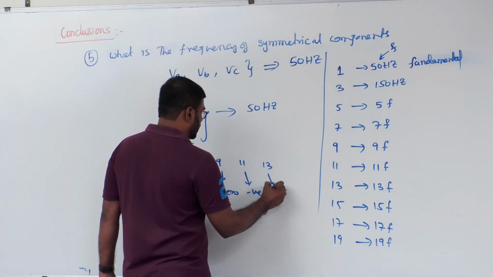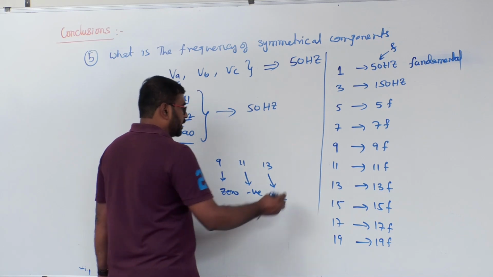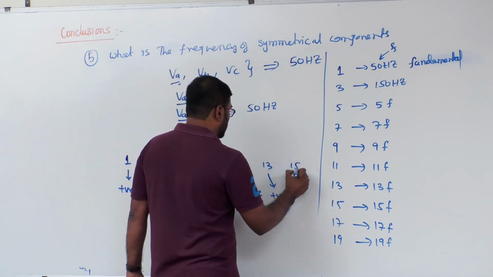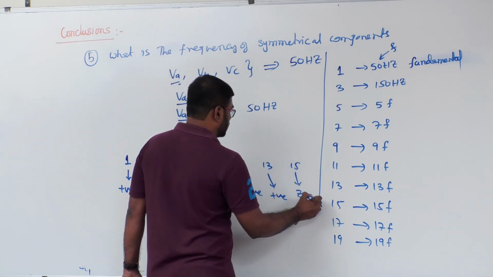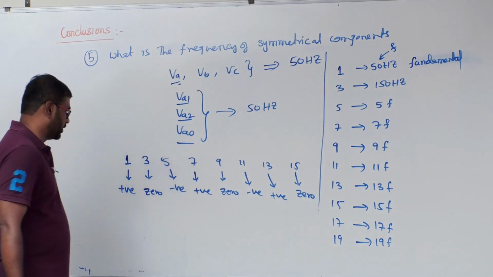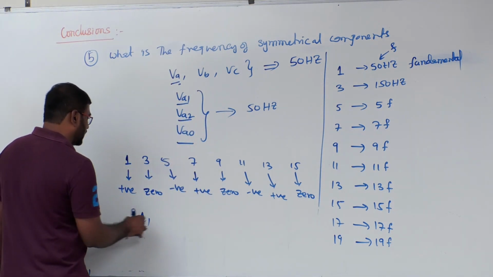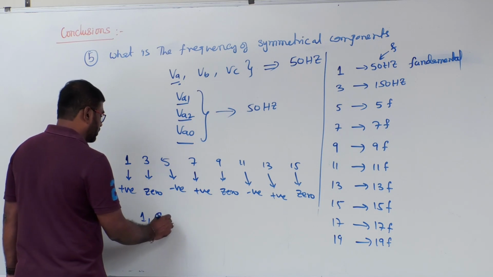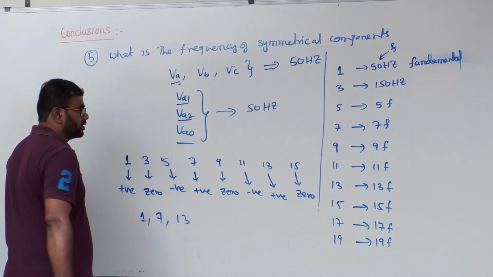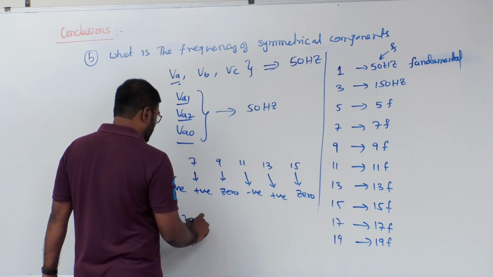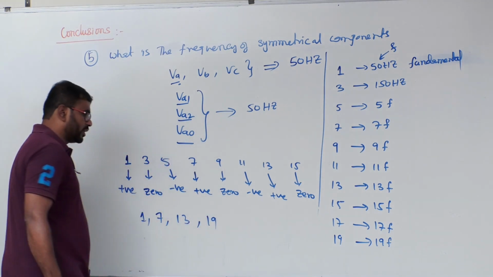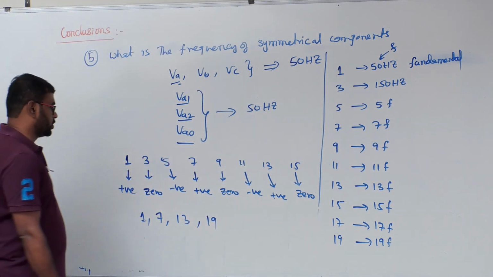The seventh harmonic is again similar to positive sequence. The 9th harmonic is similar to zero sequence. The 11th is similar to negative sequence. The 13th is similar to positive sequence. The 15th is similar to zero sequence. Something like that it will proceed. That means the fundamental, then the 7th, 13th, and 19th harmonics are similar to positive sequence.